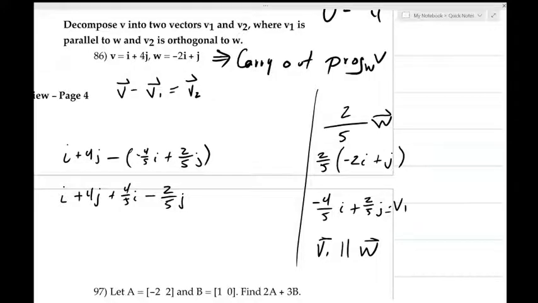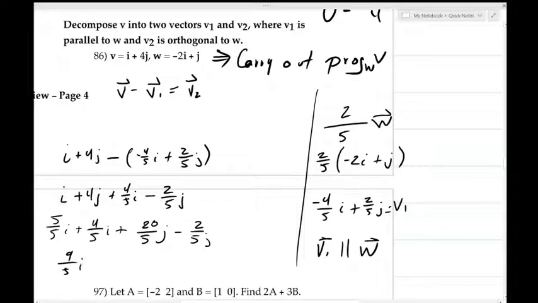And so we have 5/5 i plus 4/5 i plus 20/5 j minus 2/5 j. And when we combine like terms, we have 9/5 i plus 18/5 j.